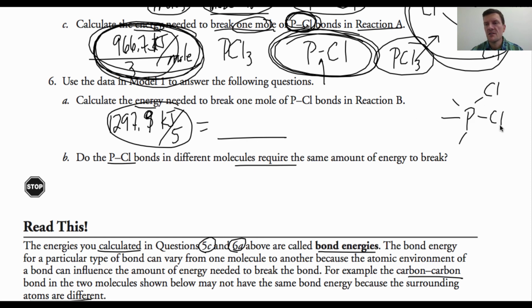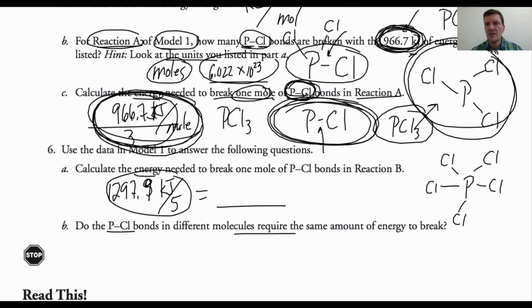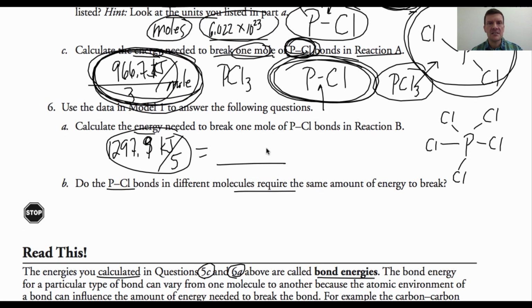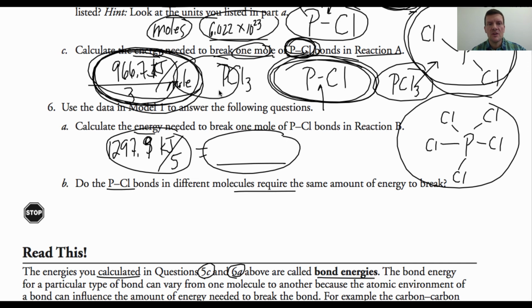Here we've got 5 bonds around the phosphorus, each of them with the chlorine. Up there we just had 3. And the reason they're not going to be exactly the same numbers is that there are going to be some dynamic forces happening as a result of having the 5 bonds around the phosphorus instead of the 3. So there are some influences that alter the bond energy that we calculated for these two questions. But they do differ a little bit.